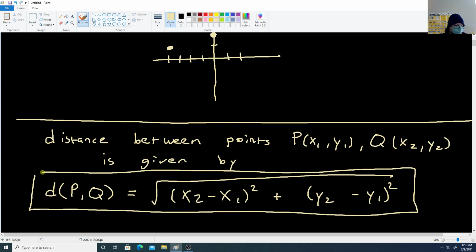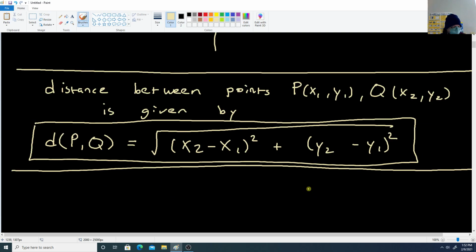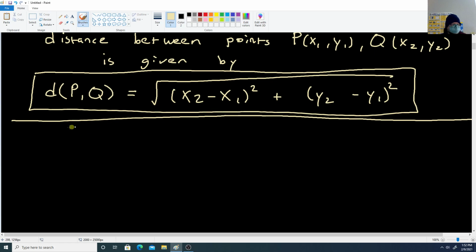So we're going to use the distance formula to solve a problem first, and then we'll do a couple examples with that. And after that, we'll talk about the midpoint formula, and that's most of the section right there.